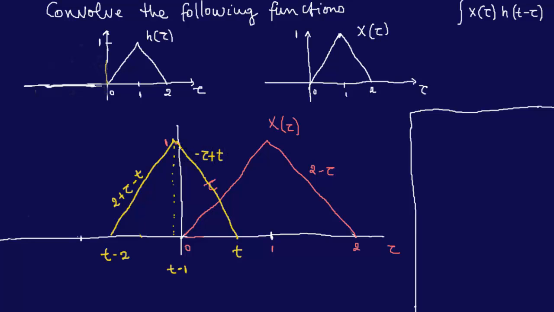So it's just the equation of this line over here, and then the equation of this line over here. All right, so your overlapping region is this area over here.